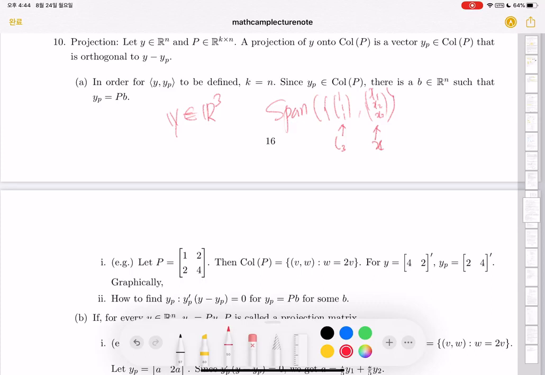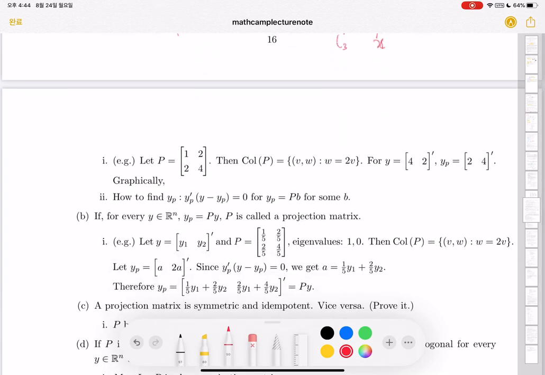Now, the span of these two vectors is, so here's your iota 3, and here's your x, then the space generated by linear combinations of these two is the span, right? This is the span of iota 3 and x, right?